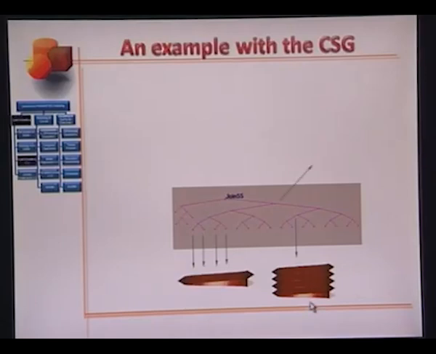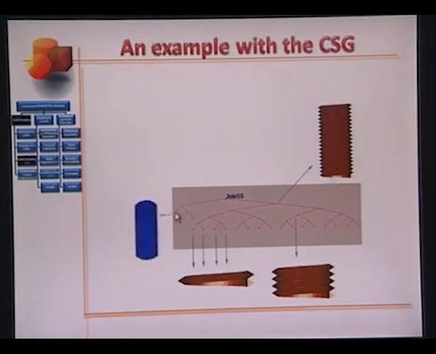Some more of these threads can be joined together to give the threaded structure, which is now hollow from within. This node here represents a cylindrical primitive, which is the shank of the bolt. This node here represents the hexagonal head of the bolt.